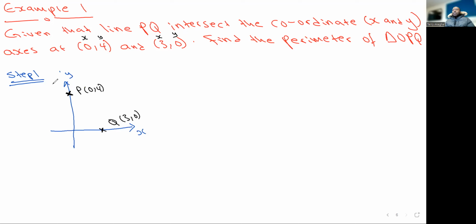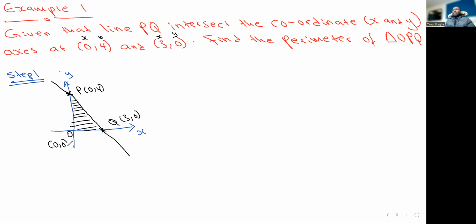Okay? So that means this is the line they are referring to. But they say find the perimeter of OPQ. So this is O here. Are you seeing it? The origin. So you can see there's a triangle now, O, P, and Q. This is the triangle that we're going to look for the perimeter of. So this is the origin, and what are the coordinates of the origin?